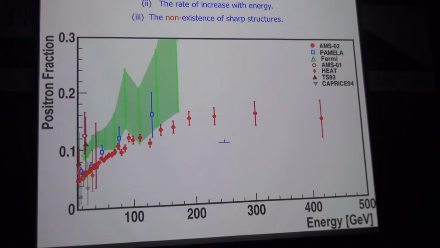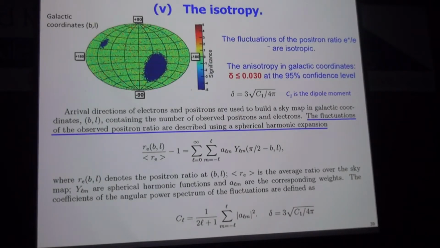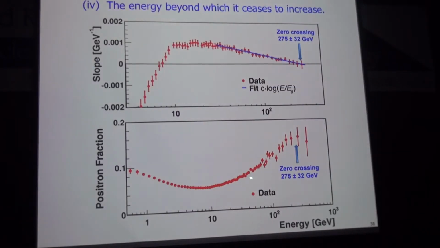And we can measure the slope of this spectrum, and the slope goes down continuously and reaches 0 at about 275 GeV, which means that at 275 GeV the ratio seems to come to a maximum and probably starts to fall.